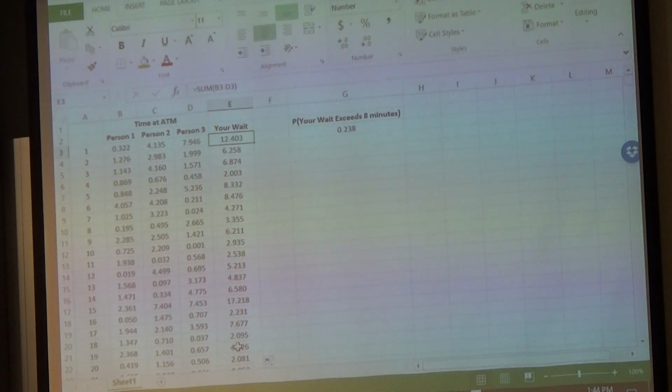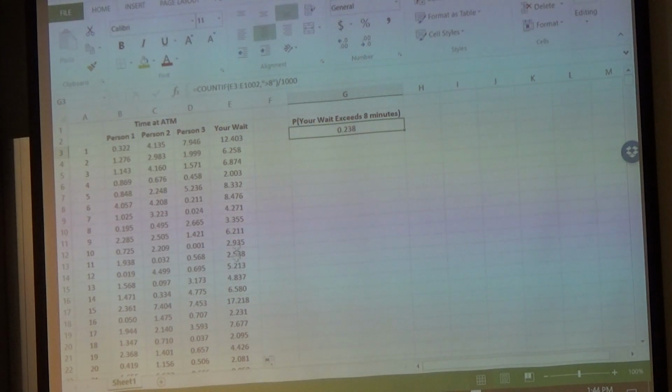Agree? Yep. So how do I figure out this probability that my wait exceeds 8 minutes? I count. I could do a histogram plot, I could make my CDF, or I could say, well, I really only care about 8 minutes, so let me just focus on this one.